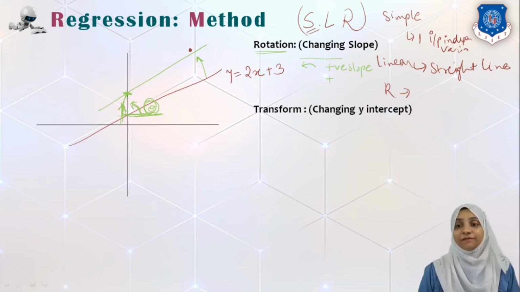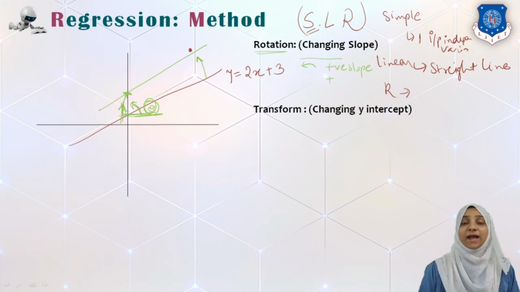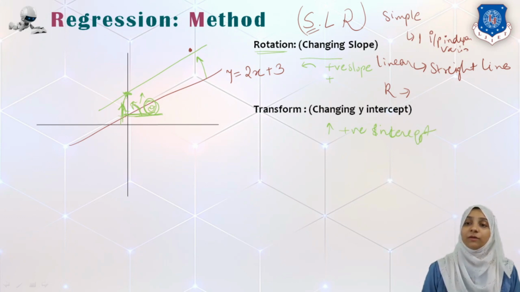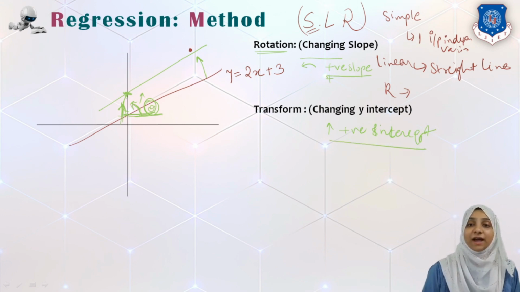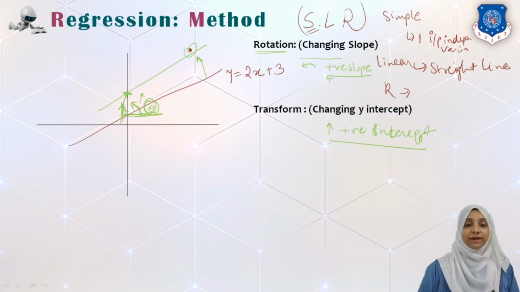That means if we have to move the line anti-clockwise and take it up, we are incrementing, or adding some positive amount to, the slope and the intercept. So we are increasing our slope as well as our intercept when we have this kind of point.